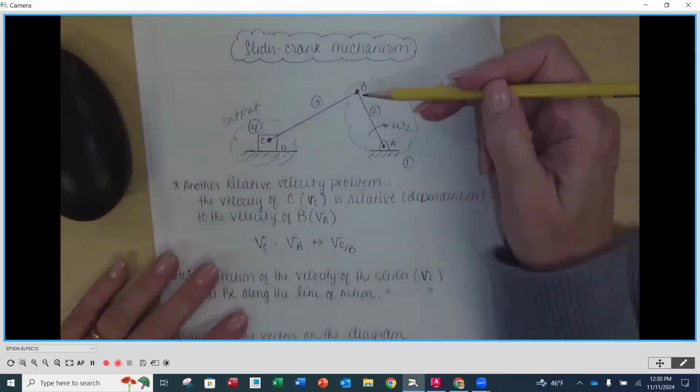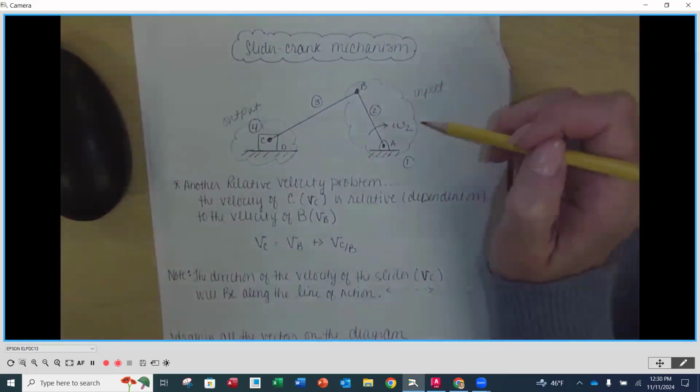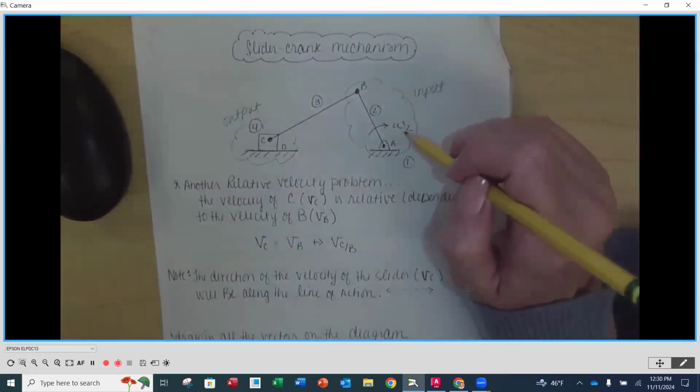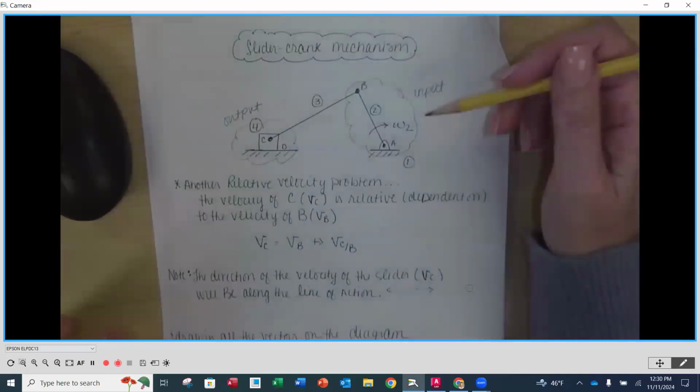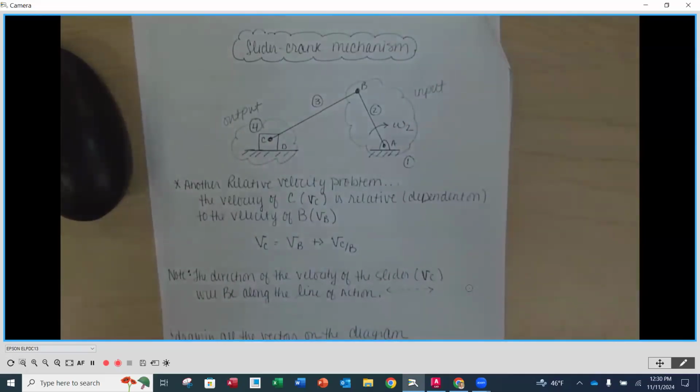So every point along this link is going to have an angular velocity of whatever W2 is identified as. Now on the end point of link number 2, we have point B. An individual point along that link has straight line velocity, right? Draw what you believe the direction of velocity B would be.